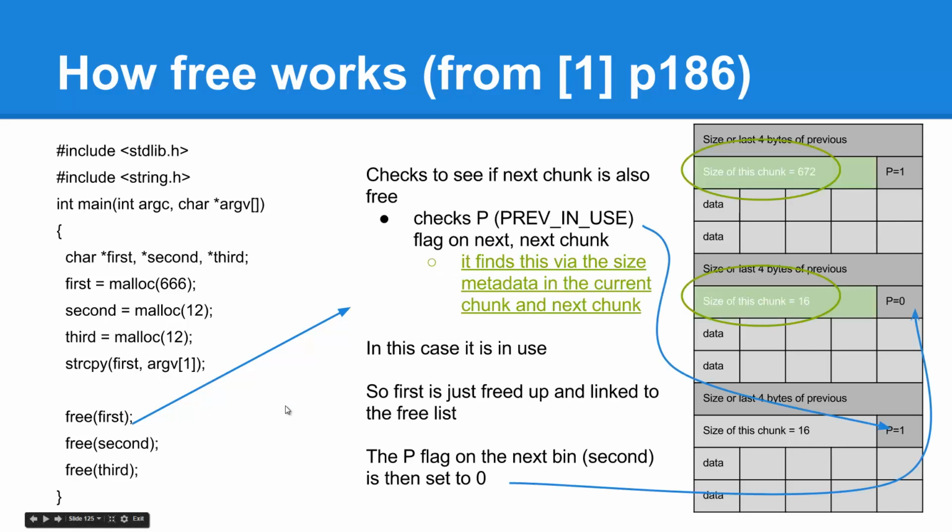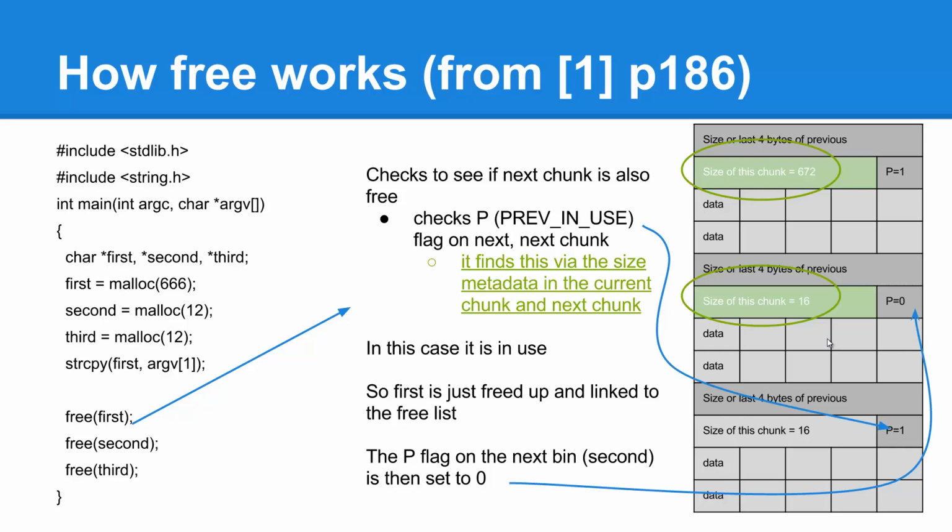And so this is exactly how it uses that previous in use flag. It will go from the first chunk forward twice to use the previous in use flag here to check if the previous one is in use.